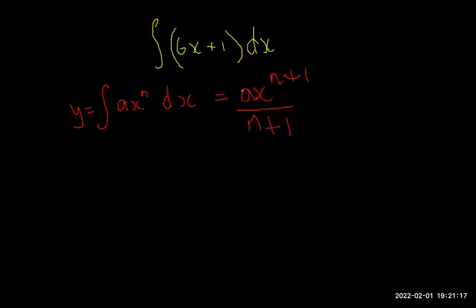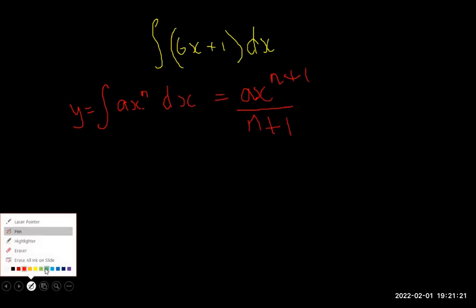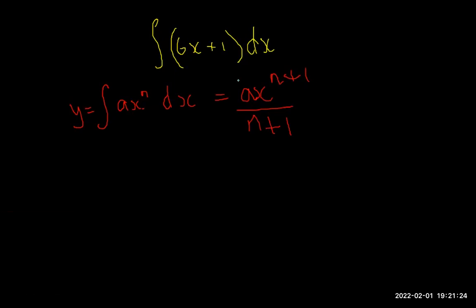That's what I had, right? Integration. So there's a rule we're going to meet just now, right? And it states that if you have two terms, so in this case I have 6x and I have 1, you have to integrate each one individually. So what do I mean by that? You need to find the integral of 6x and you need to find the integral of 1, right? You met that rule just now.